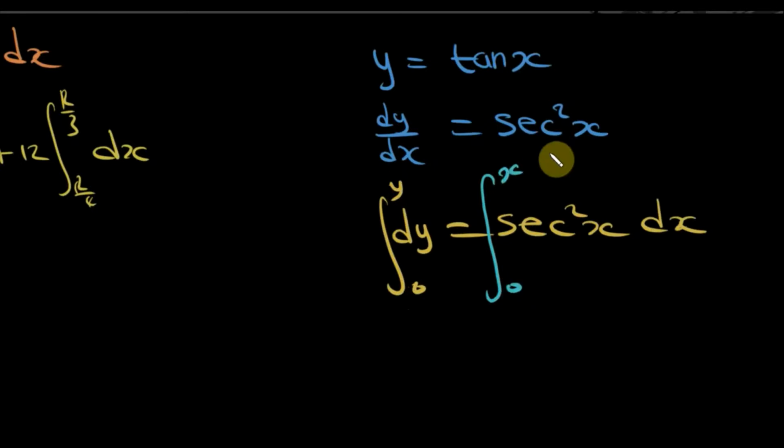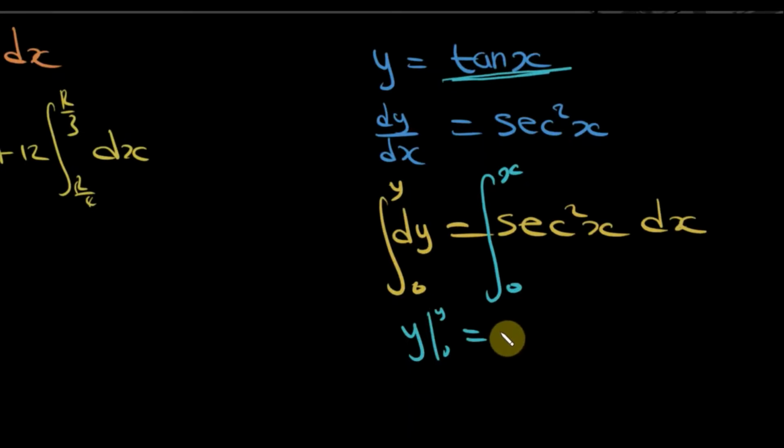So when we integrate this, dy will become y, from 0 to y, and the integral of sec squared x is exactly the function we differentiated to get sec squared x. I'm hoping this is making sense. If it doesn't make sense, just follow along with the video. It will eventually make sense.